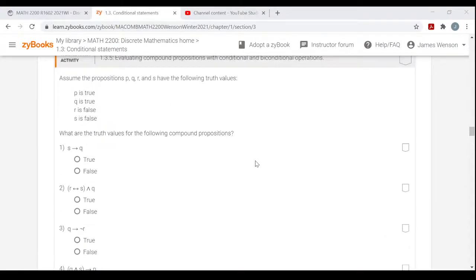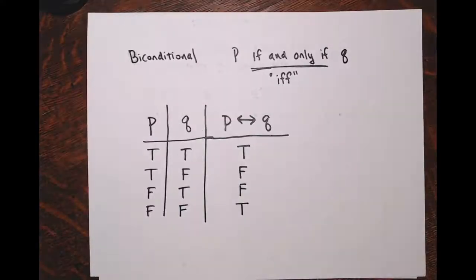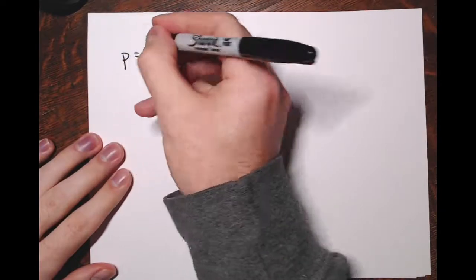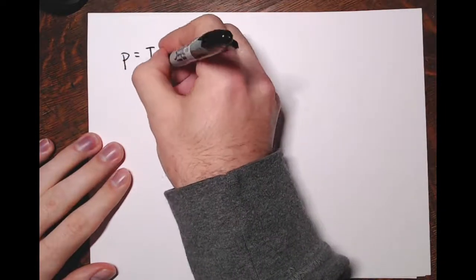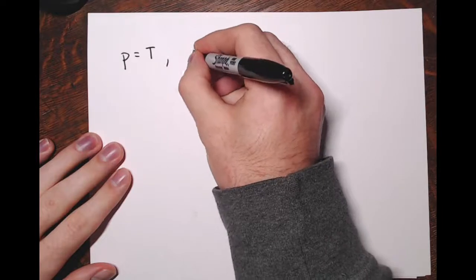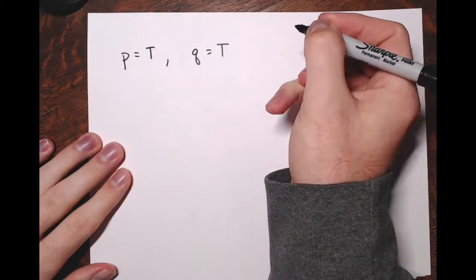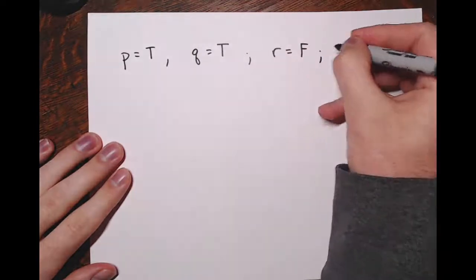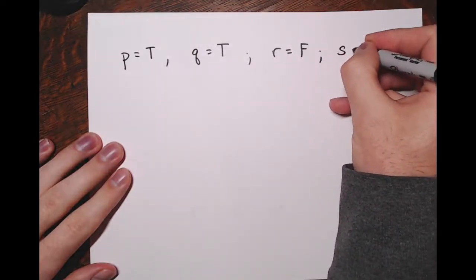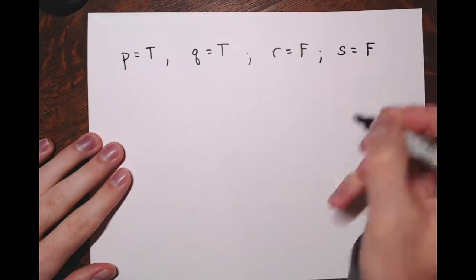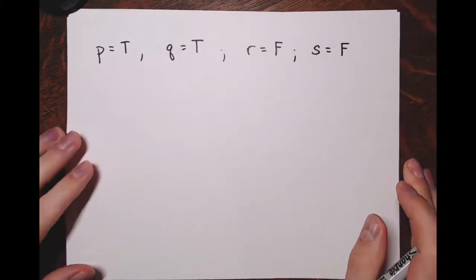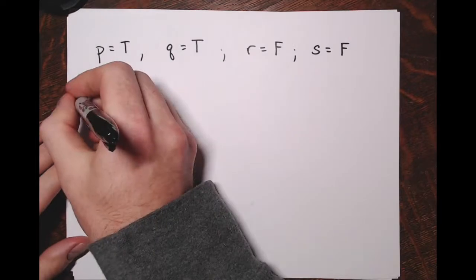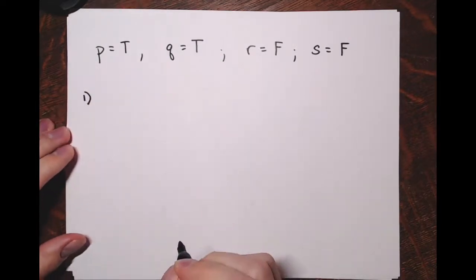All right. So we're given the following information. I'm given that proposition P is some true statement. Proposition Q is also a true statement. Proposition R is a false statement. And now I have a proposition called S, which is also a false statement. We're given these truth values, and we're asked to determine the truth values of the following.